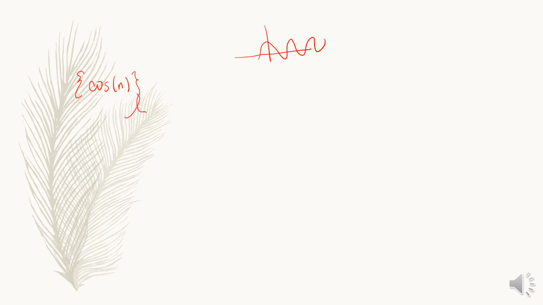So the limit as n approaches infinity of cosine of n, that actually doesn't have a limit because it just bounces back and forth. It doesn't kind of level out to any number. So we say this does not converge. It doesn't have a limit, so it doesn't converge. We'll learn about increasing and decreasing and that kind of stuff. But for now, just converge and diverge, look for the limit towards infinity.